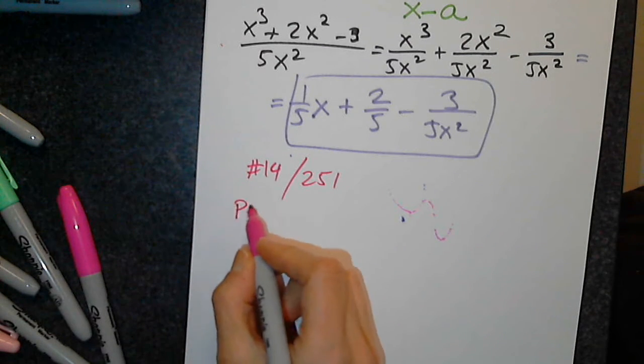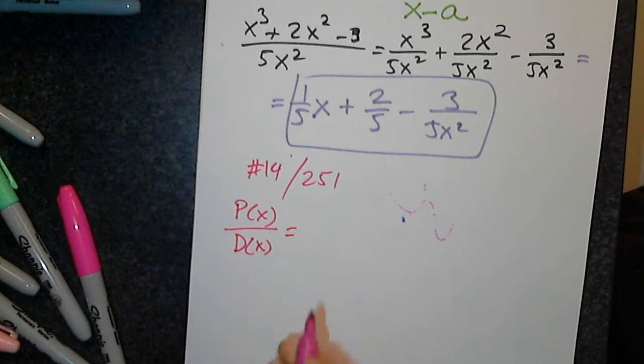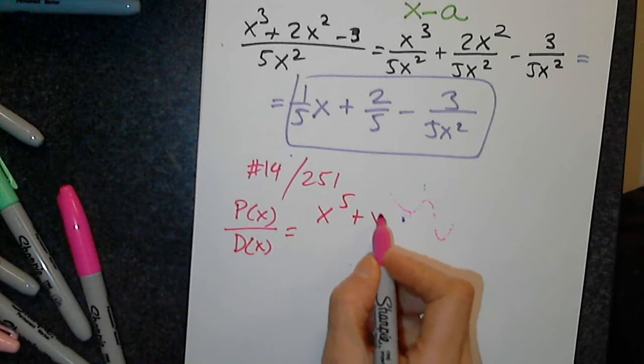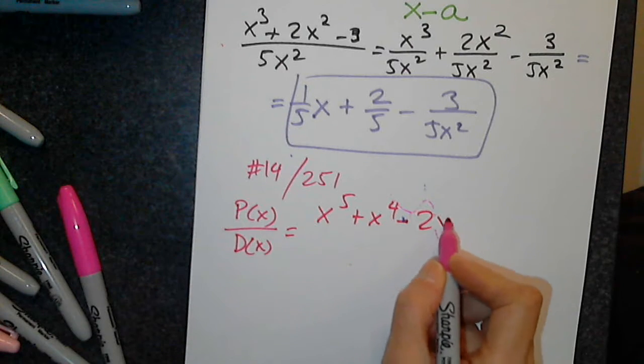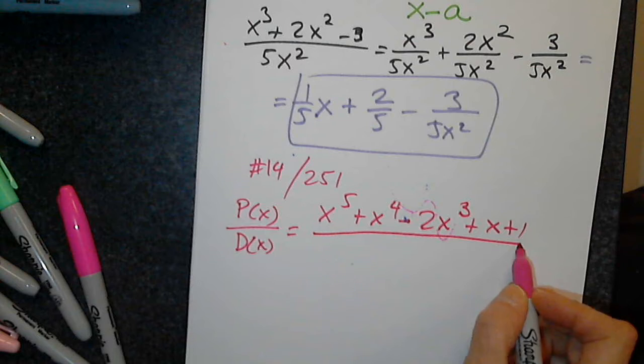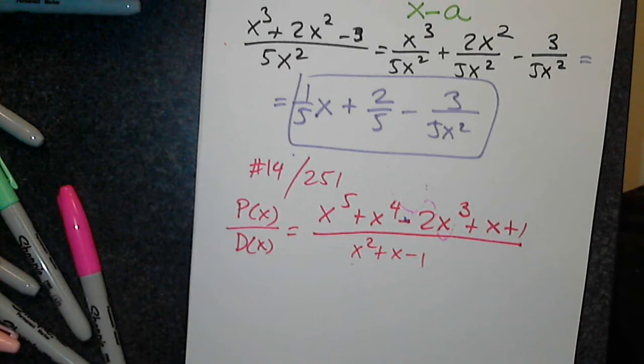So we have P of x over D of x, polynomial divided by divisor. And we have x to the fifth plus x to the fourth minus 2x cubed plus x plus 1, everything divided by x squared plus x minus 1. Because I wanted to show the long division first, and then we go to the synthetic division.